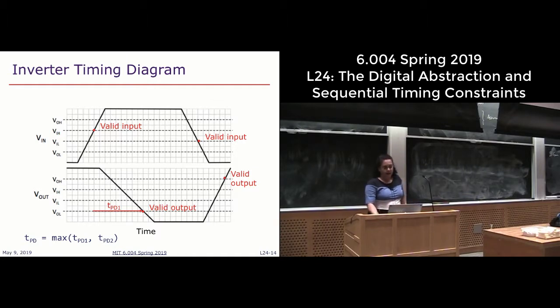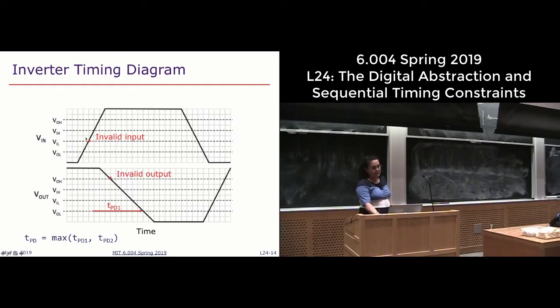Great. All right, now let's move on to contamination delay. Contamination delay is going to measure the amount of time it takes from an invalid input to an invalid output. So what does that look like here? Here's my first point where, as I'm changing from 0 to 1, my input became invalid, so it went above VIL.